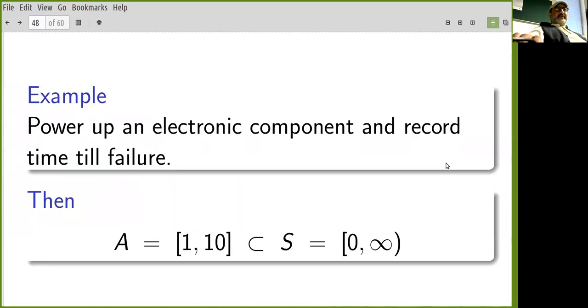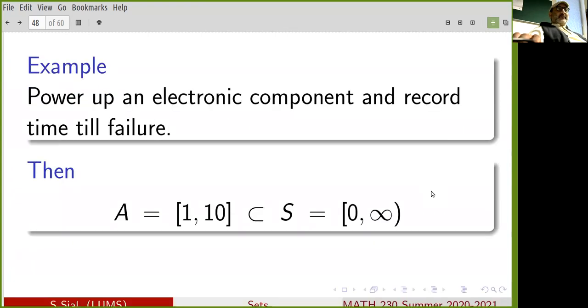Okay, so we said, let's power up an electronic component and record the time till failure. S, the outcomes of this experiment, is the interval from 0 to infinity. A was the interval from 1 to 10, so the component fails somewhere between 1 and 10 time units.